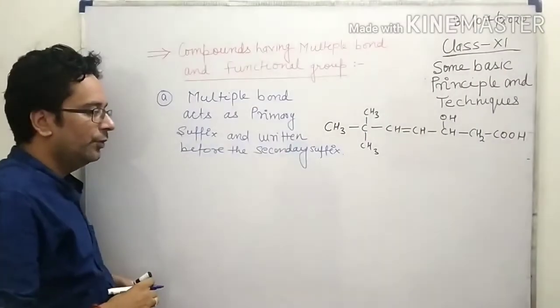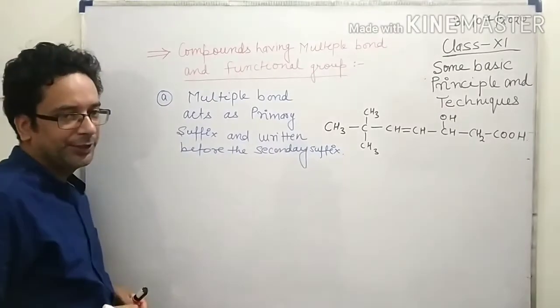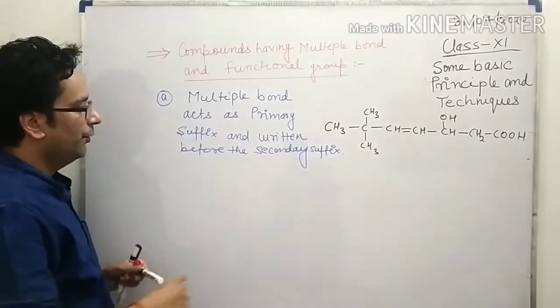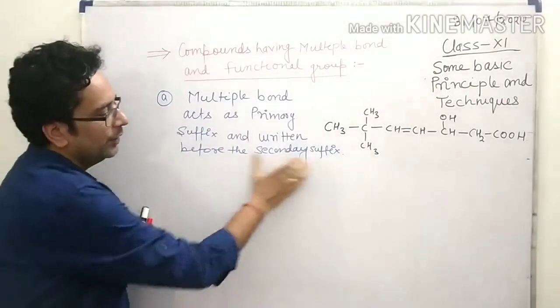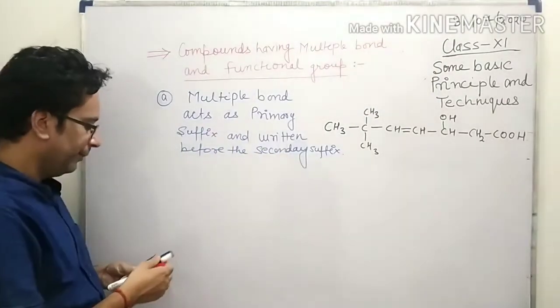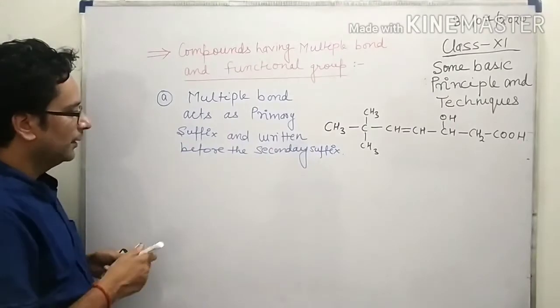Okay, and all of you know what is the meaning of secondary suffix? That is COOH. Okay, now this first point is that a multiple bond acts as a primary suffix and is written before the secondary suffix.